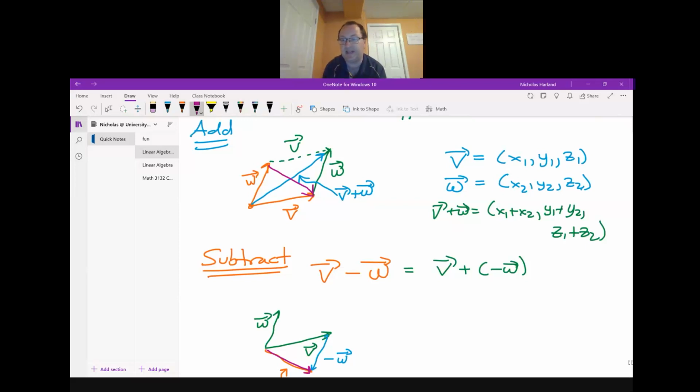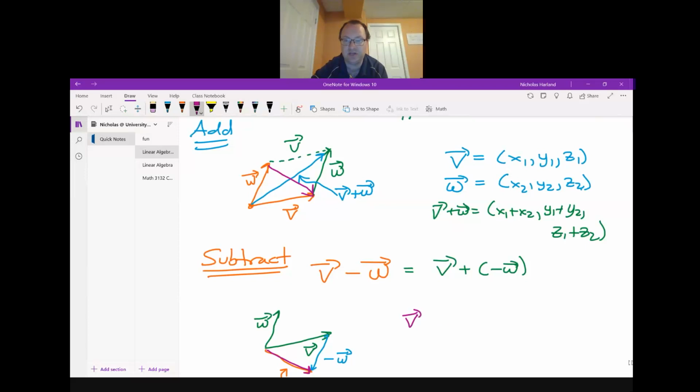Again, it might be translated somewhere else, but the length is the same and the direction is the same, and that's the only thing that really matters. So two different ways of viewing the geometry behind subtraction.